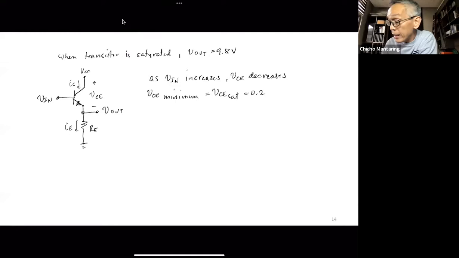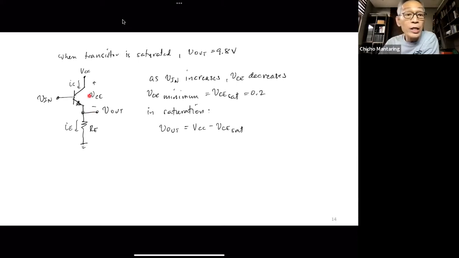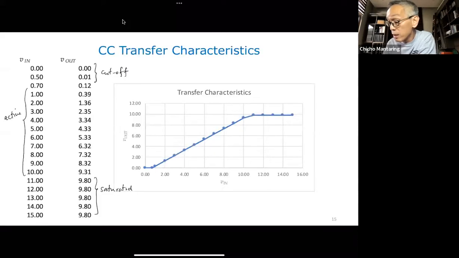And in saturation, V out will now be VCC minus VCE SAT. So this is 10 minus 0.2. So I'm just going to get 9.8 volts. That is why this is 9.8 volts.